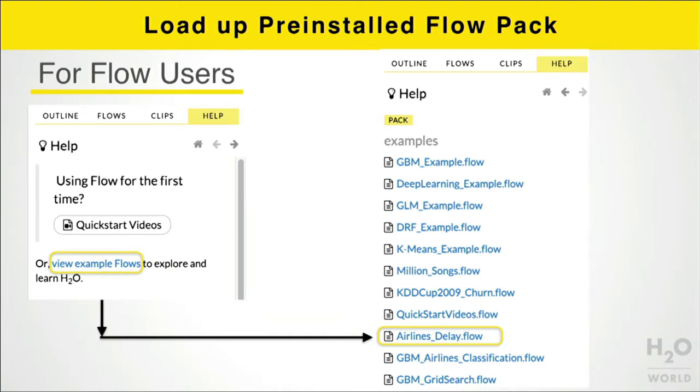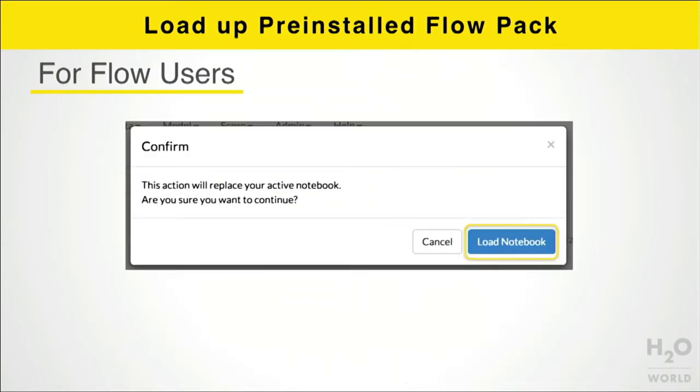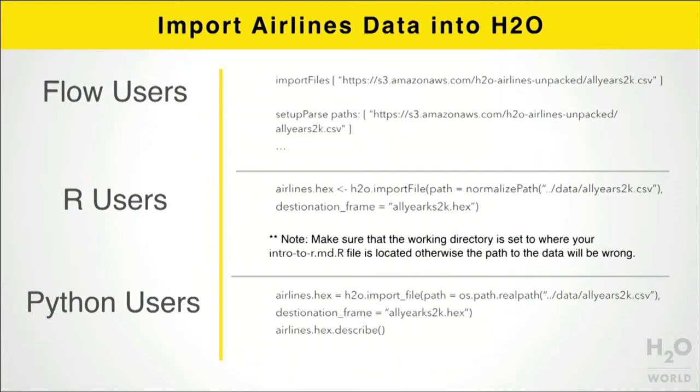So once you go home or later on, you can run any of these tutorials, run a deep learning model predicting digits for MNIST, or run a GBM model predicting arrhythmia. So all of that's already available in Flow. But in our particular case, I would like you to choose airlines_delay. And Flow will ask you whether or not you want to load the notebook. Please say yes. And we'll have something to get started with.